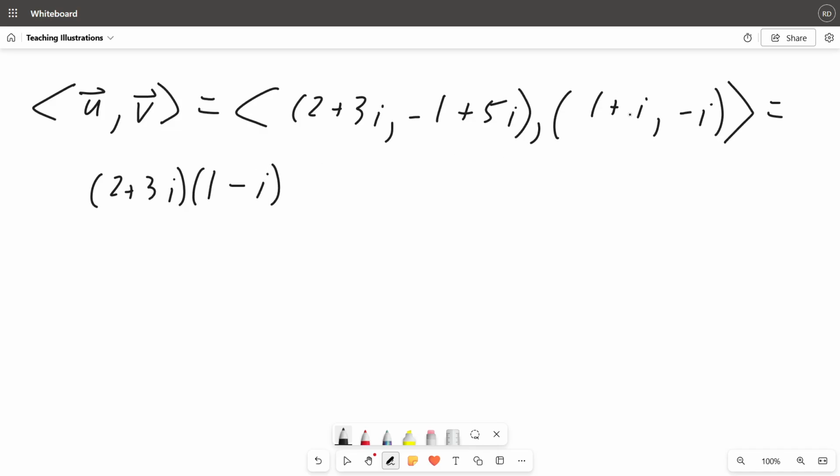So that's what conjugate means, in case you haven't seen it in a while. You take the complex number and you switch the sign on its imaginary part, but you leave the real part alone. Plus negative 1 plus 5i times the conjugate here, which would be 0 plus i, or just i.